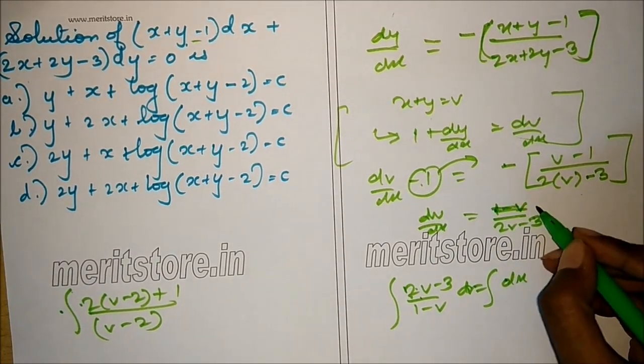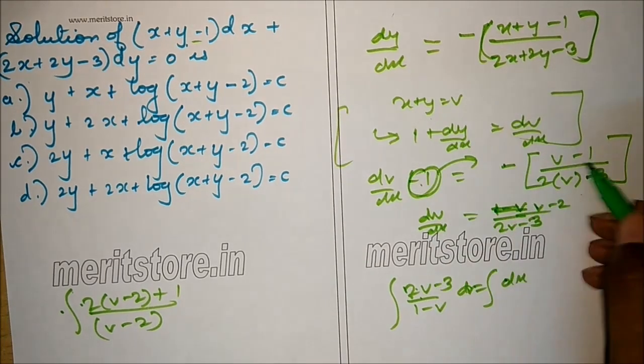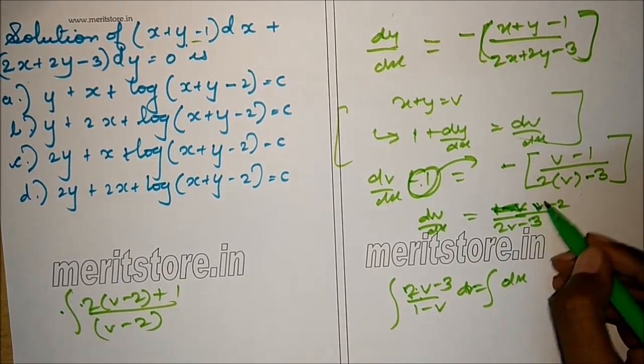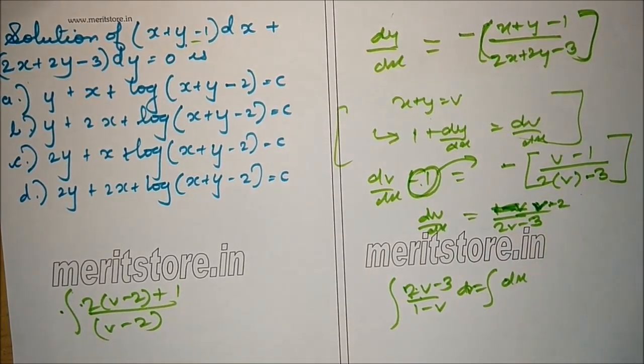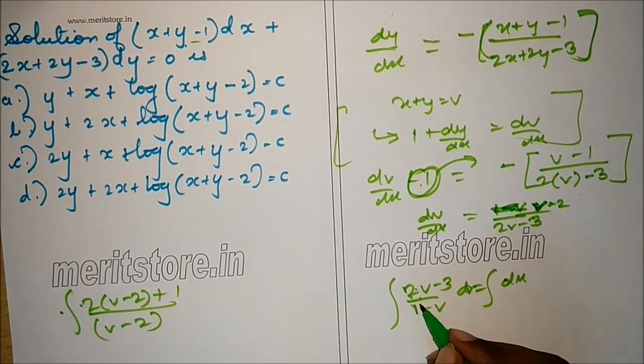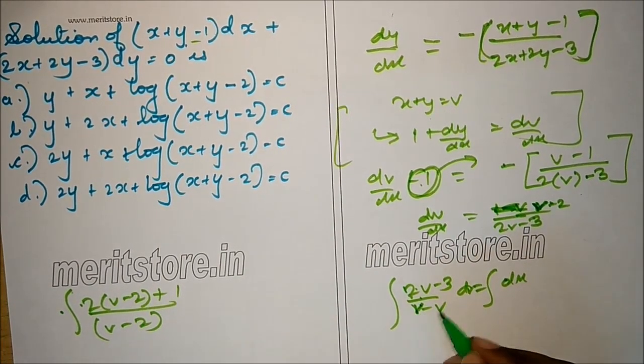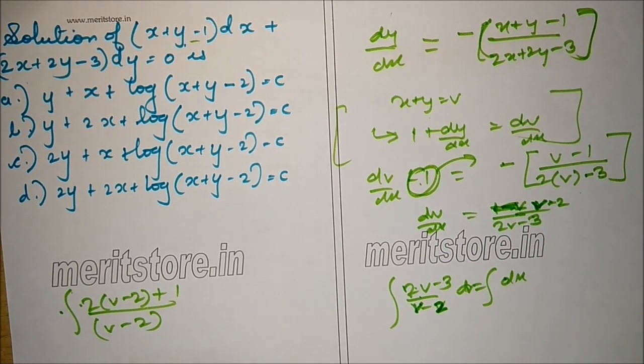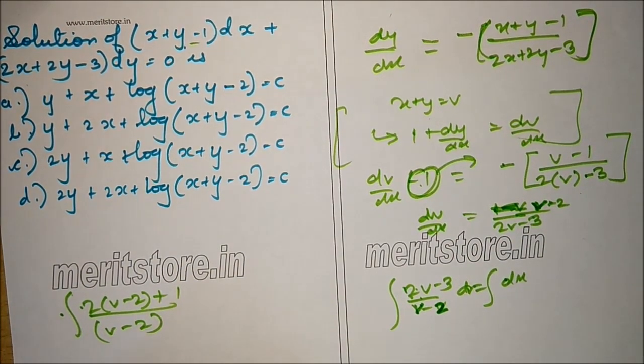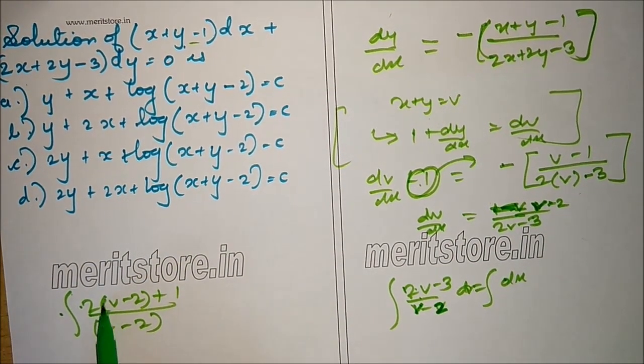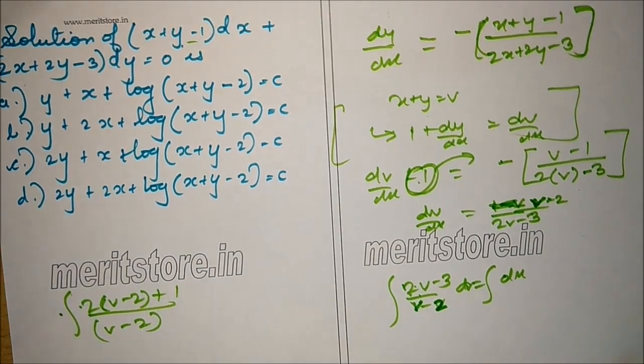This was v minus 2 after we brought 1 to RHS. So we converted the numerator in terms of denominator.